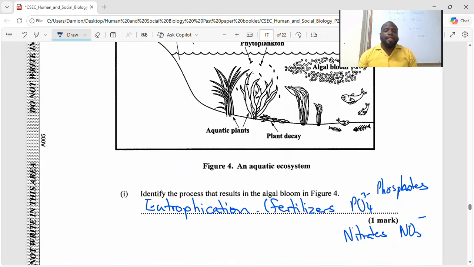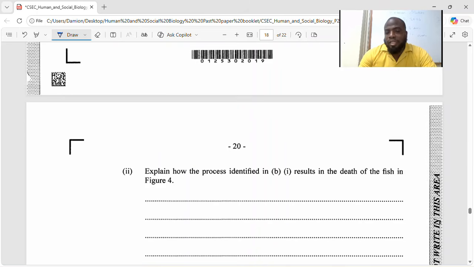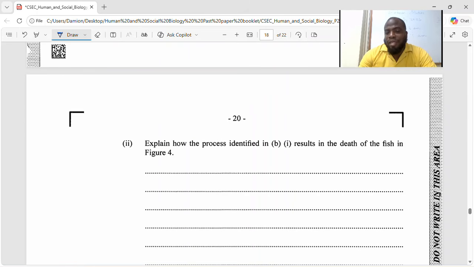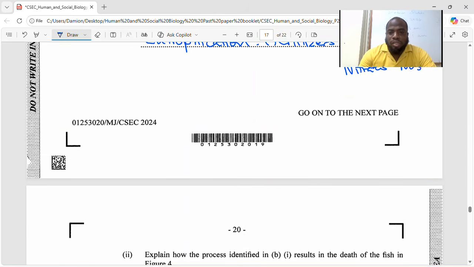So the phosphates and the nitrates, these fertilizers help to boost the nutrients required for the algae to bloom. So they have an explosion in their population. So the next question speaks about that. It says, explain how the process identified in 1 results in the death of the fish. So we're just going to talk about it on the diagram.